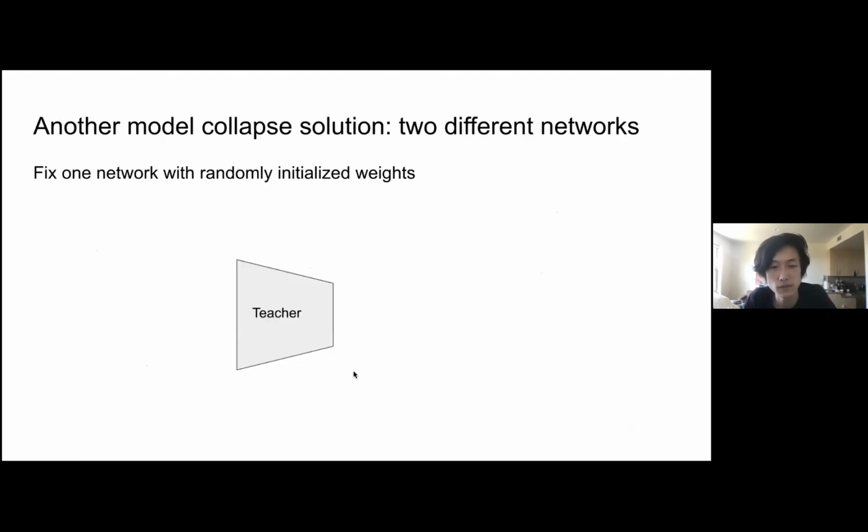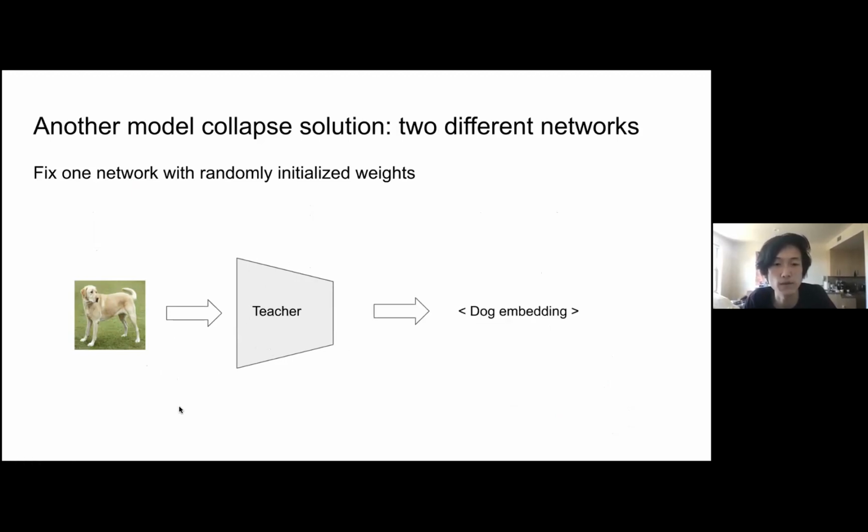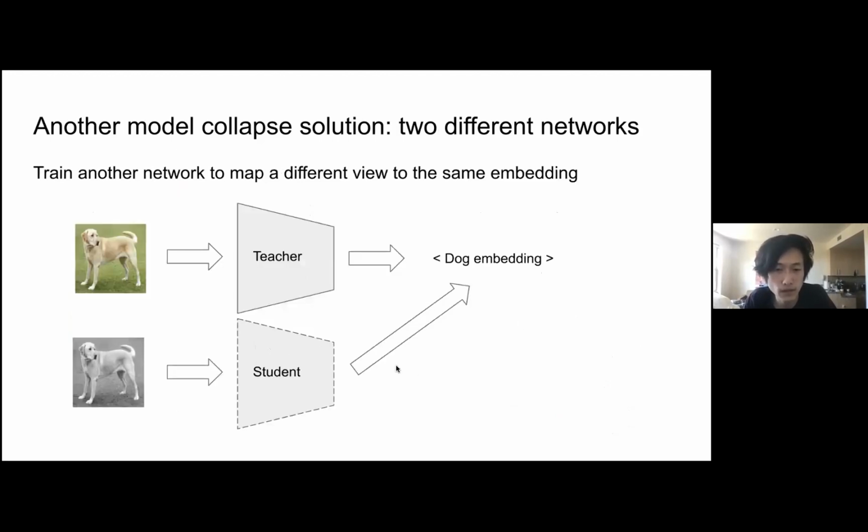I was talking about this a little bit, but maybe this visual will make more sense: if you train two different networks, you can also avoid this model collapse solution. The idea is that we fix one network with randomly initialized weights. That's going to output some dog embedding here, which initially is garbage and maps somewhere kind of random.